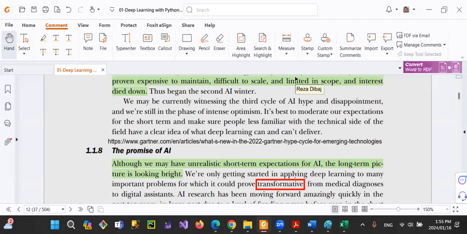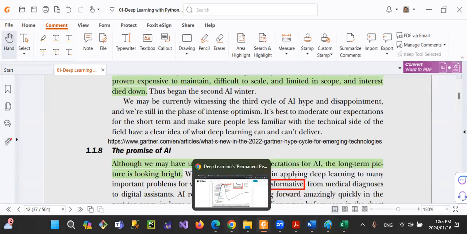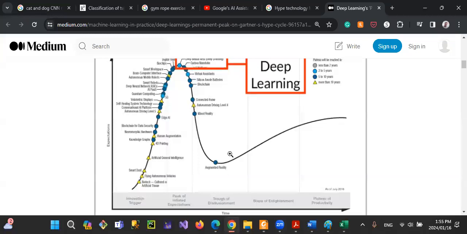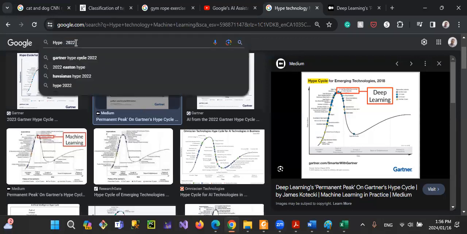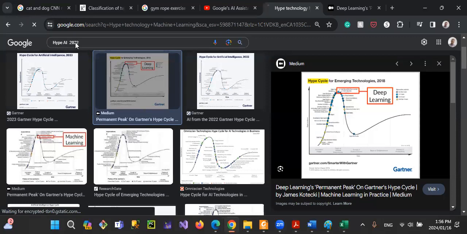Yes, William. Sorry, which one? So 2022 and hype for AI. Okay.